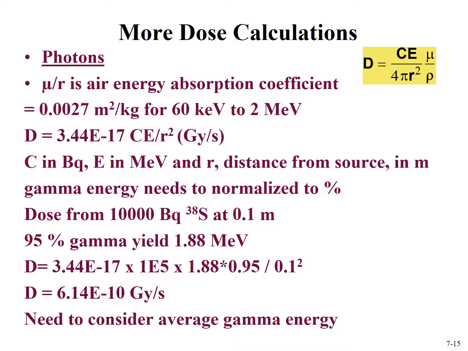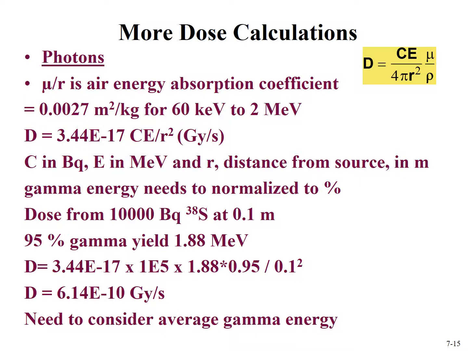As an example, let's consider a case where we have 10,000 becquerel of sulfur-38 at 0.1 meters. We know that if we look it up, there's a 95% gamma yield for a 1.88 MeV photon. So we could take these values and substitute them into our equation shown here.